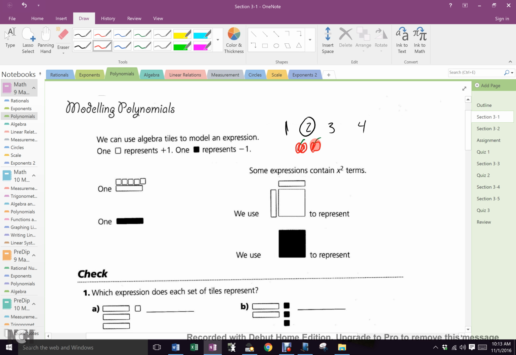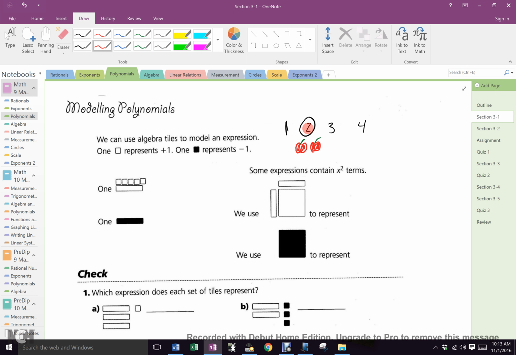Now, how many pictures did I have to draw? 2. How many numbers do I have to use to show that? 1. That is a symbol that represents 2 actual things. Does everyone understand that? That is one symbol to represent 2 things.